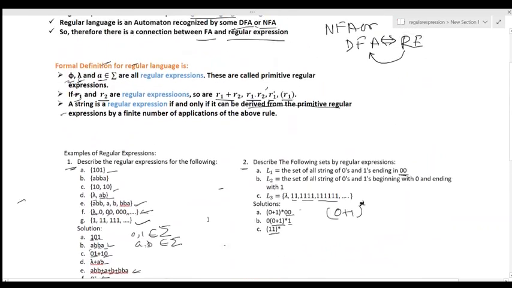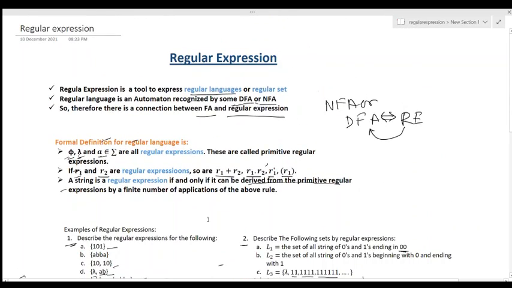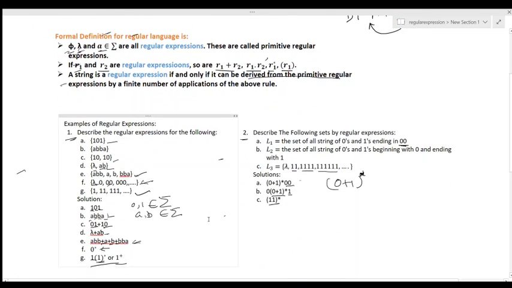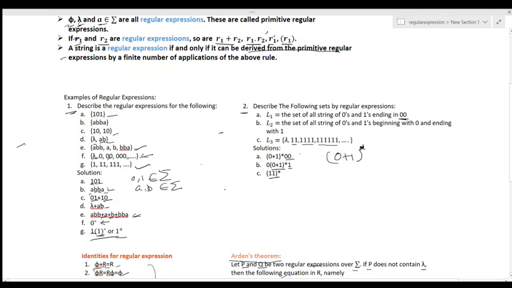In this whole lecture we have seen what a regular expression is, and how we express regular expressions for different kinds of regular languages, for example 1 and example 2.